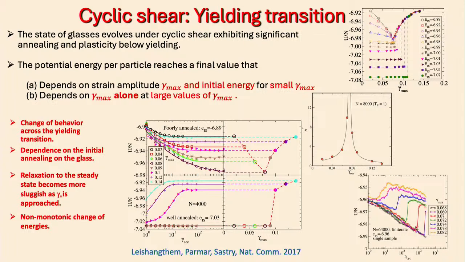So what's the connection between the processes that lead to a better and better annealed glass and then failure happening at some particular time?